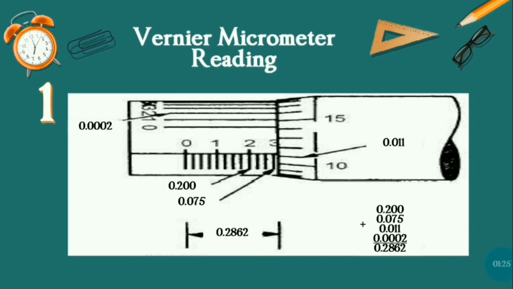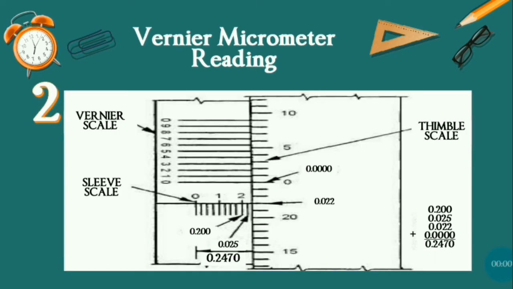So the line straight within the thimble is number 2. So that measures 0.002 inch.